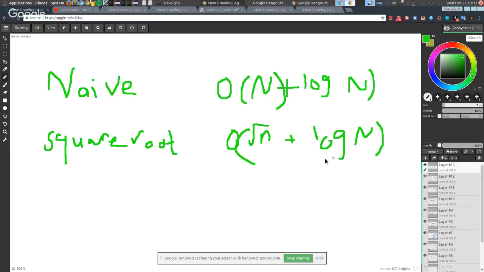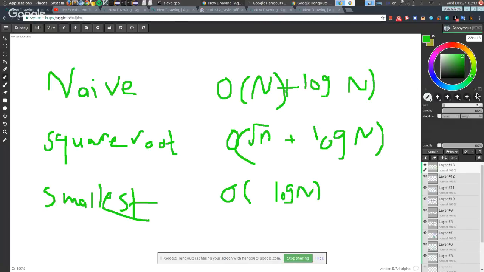as we said here. So this is root n plus the log of n. So this log n is amortized over all the n loops. So here, with the smallest factor, this is O of log n.